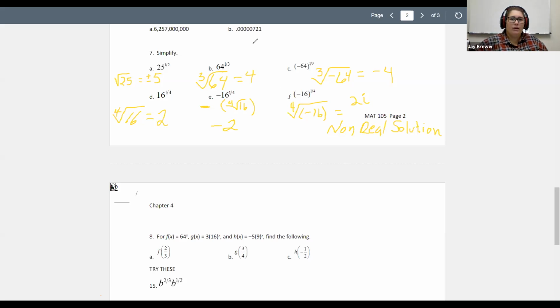What I do want you to take a quick look at before I erase anything: notice that all of these exponents had a 1 in the numerator, and the denominator is what went into the root.